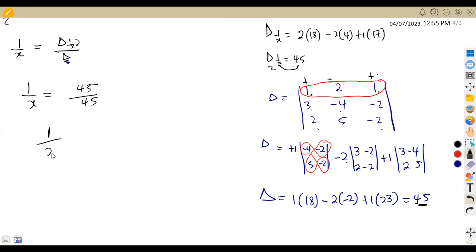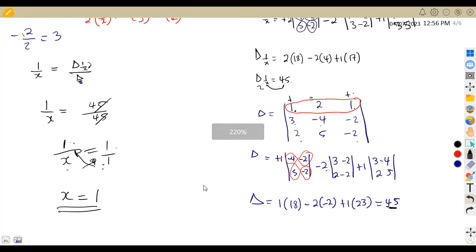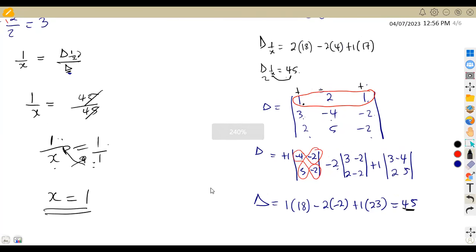So 1 over x is going to be 45 over 45. That's 1, so it's 1 over 1. So you can cross multiply to find x. x times 1 is equal to 1 times 1, which is 1. So our x in this case is 1.